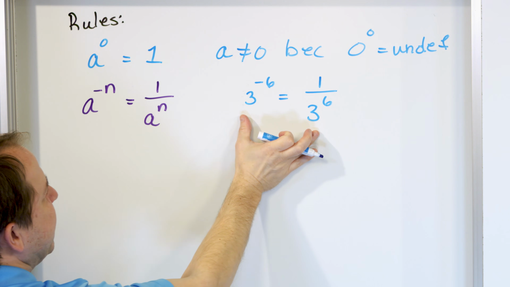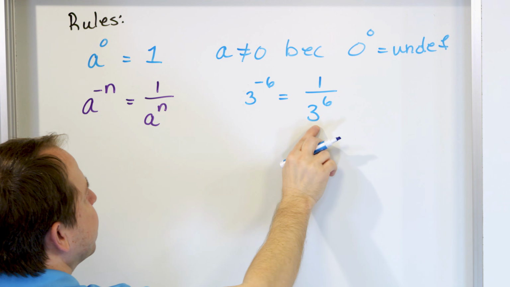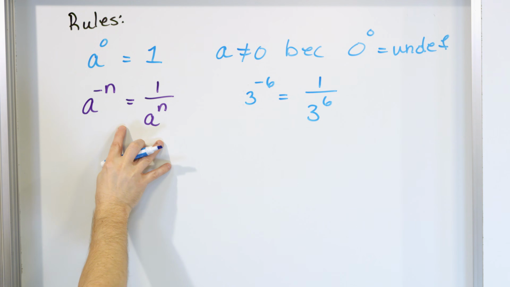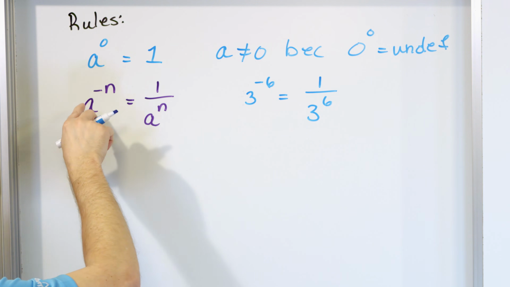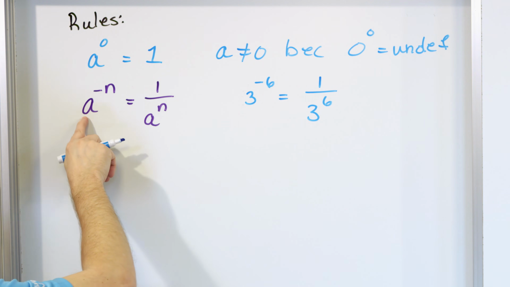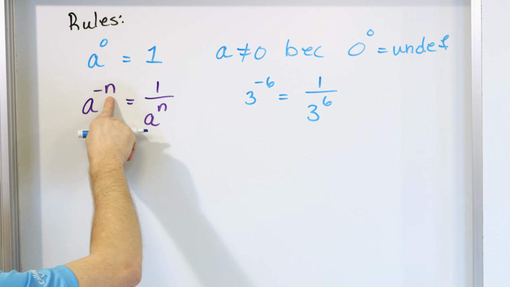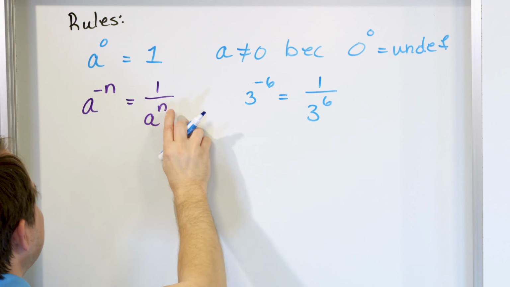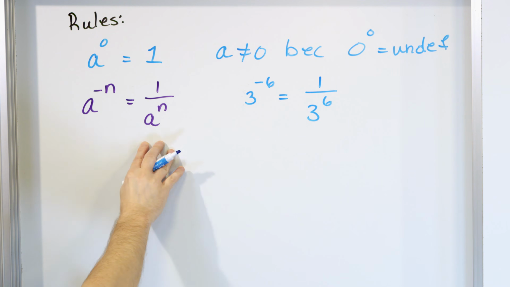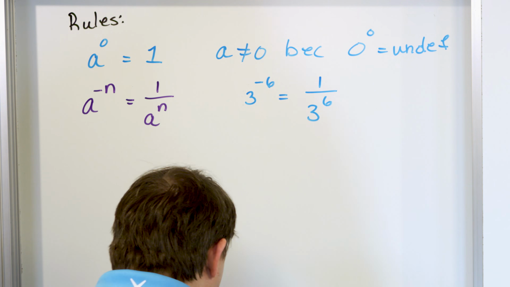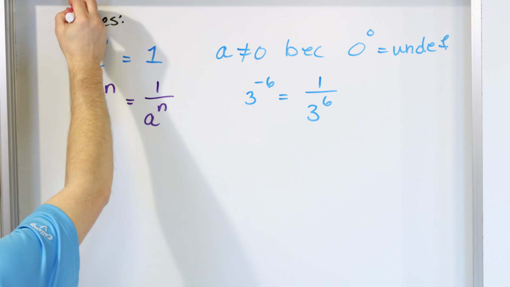These are by definition equivalent. Here I've written it with the number 3, but it applies to any variable. So x to the -n or y to the -n, or x to the -6, x to the -5, whatever. You just put it on the bottom and make the exponent positive. These are equivalent.